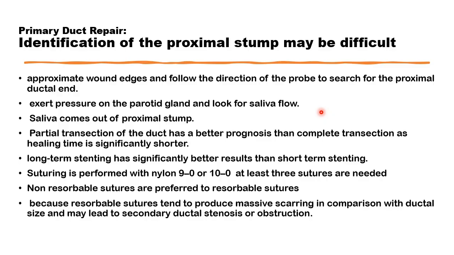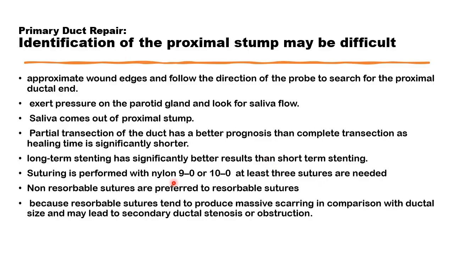When both ends are identified, the duct would be catheterized, and then suturing would be attempted by placing at least 3 sutures with nylon 9-0 or 10-0 in 3 different places. The catheter would help in preventing suturing the anterior wall of the duct to the posterior wall of the opposite stump.